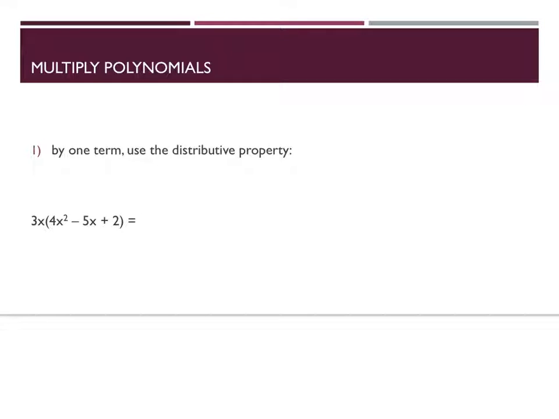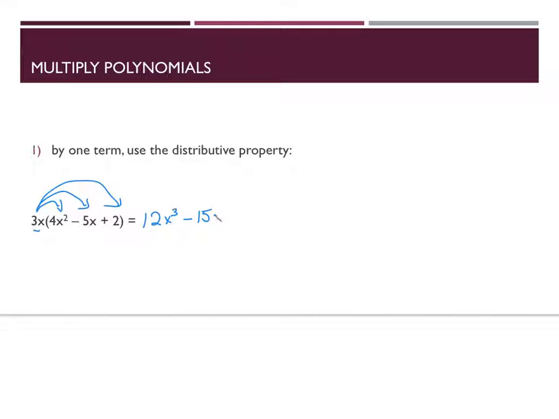Now if I want to multiply polynomials, I have a couple of different scenarios that I have to worry about. We just learned the first one. If I have one term outside parentheses, I just distribute. Same as the last section. So 3 times 4 is 12. X times x squared is x to the third. Positive times negative is negative. 3 times 5 is 15.